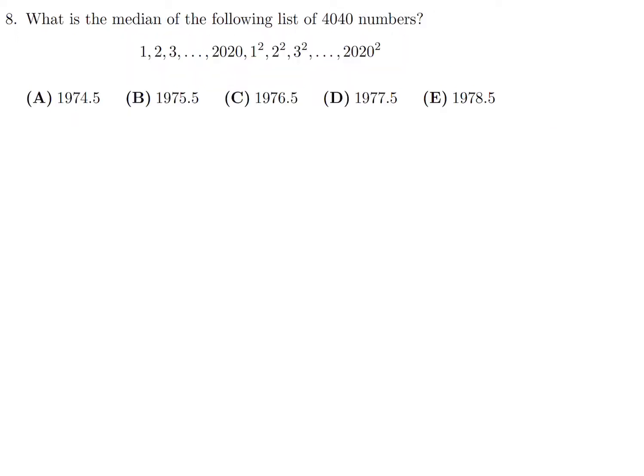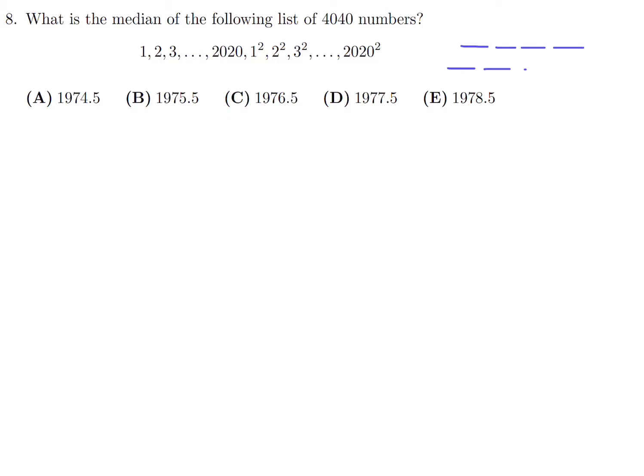What is the median of the following list of 4040 numbers? All right, so it looks like we have consecutive numbers until 2020, and then we have consecutive squares until 2020 squared. So before I jump into this, let me just talk a little bit about median, and I'm sure you already know this. Let's just say there's 4 numbers, and I said, what's the median? You would have to take the average of the middle 2.